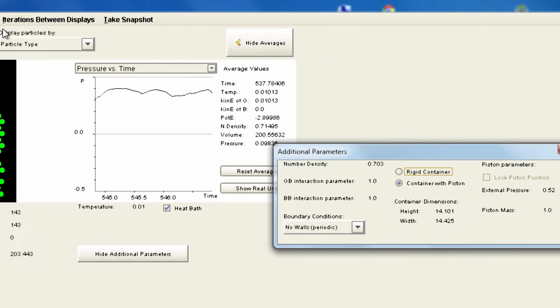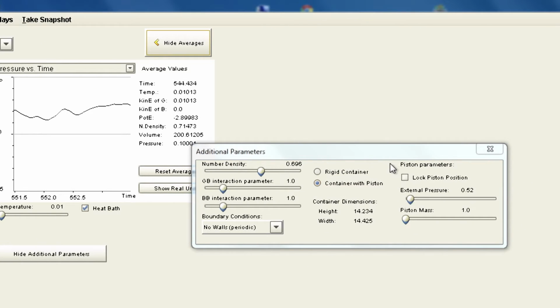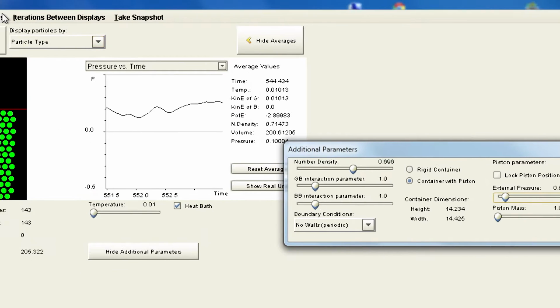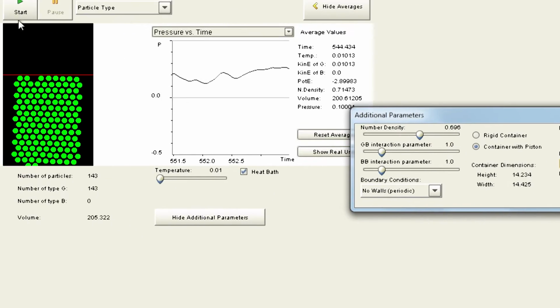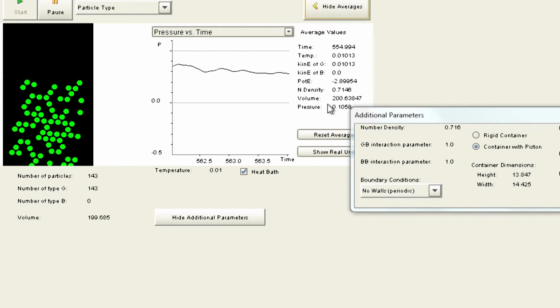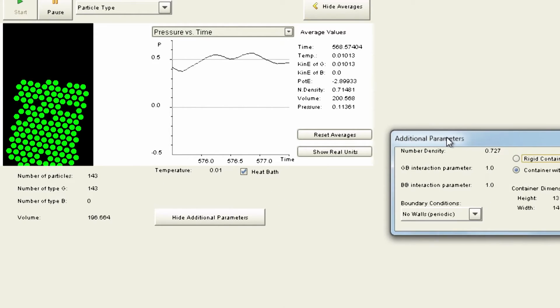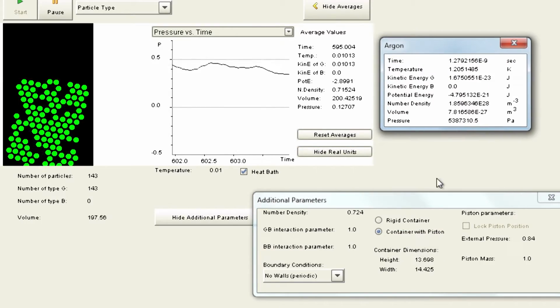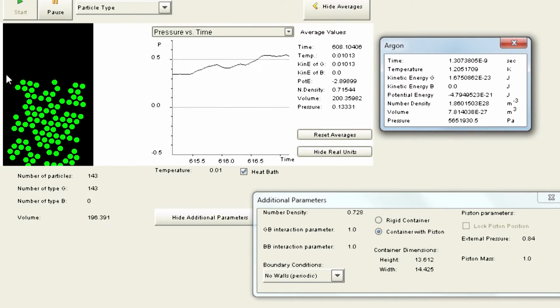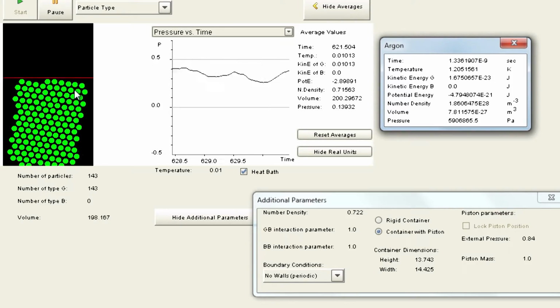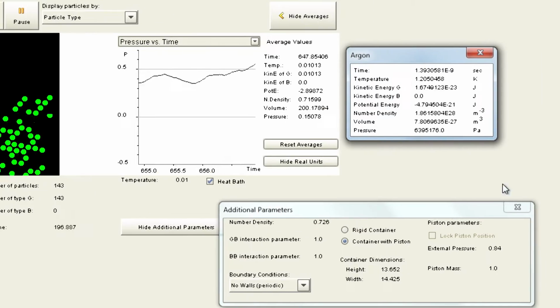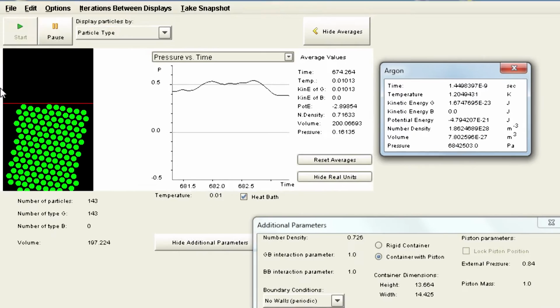So, you can again stop it, pause it, and then put in 0.52 to 0.8. Now let us make an observation here, and you have real units as well, and you can calculate this particular variation. As you can see here, there is some tilting of the crystal. The volume is going to go down as you increase the pressure.